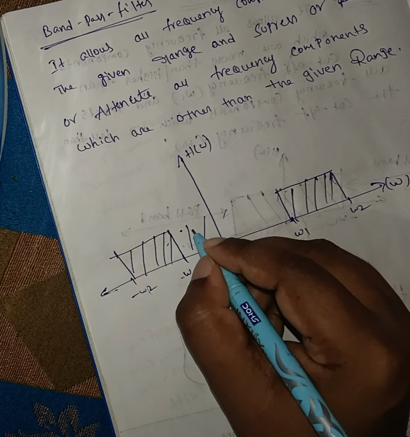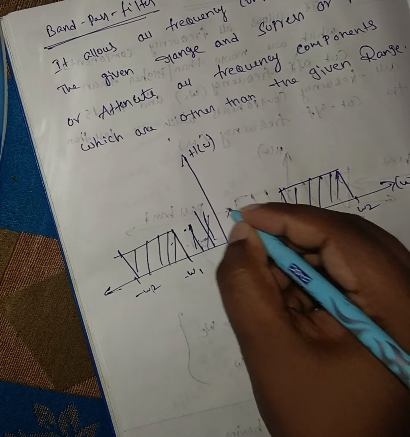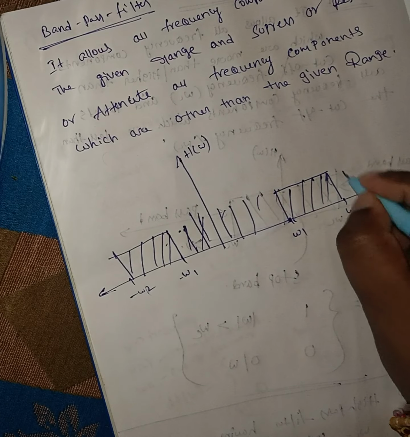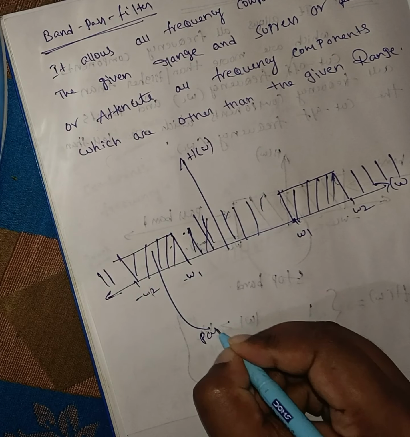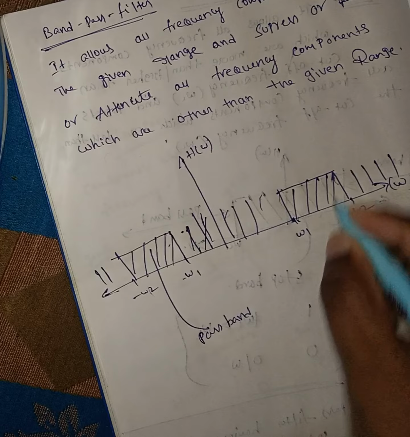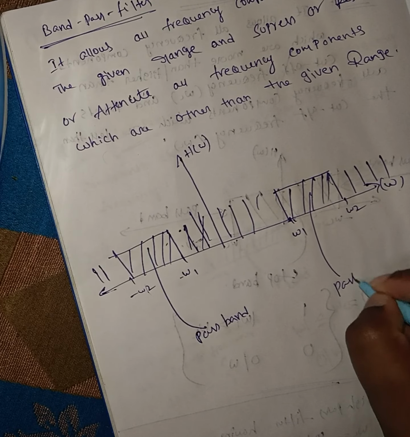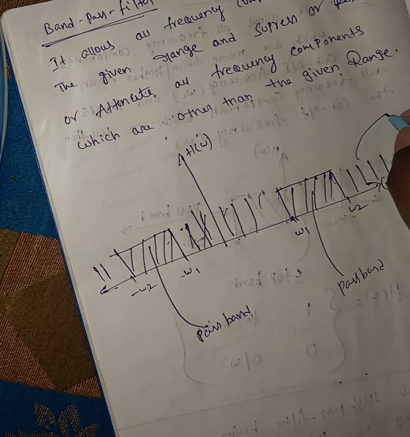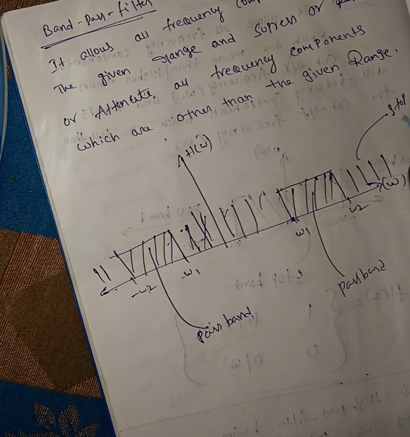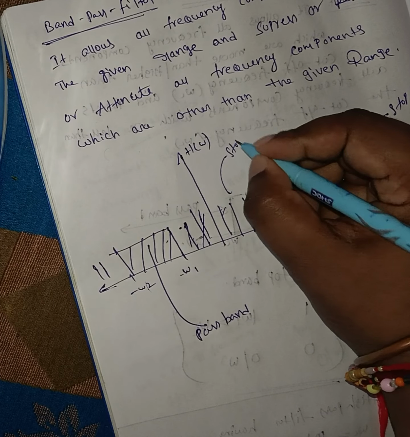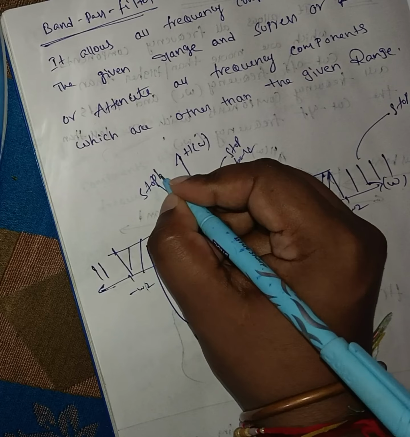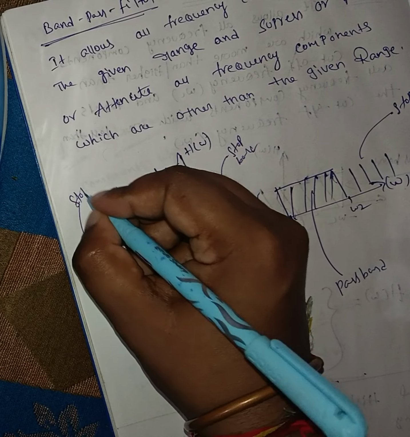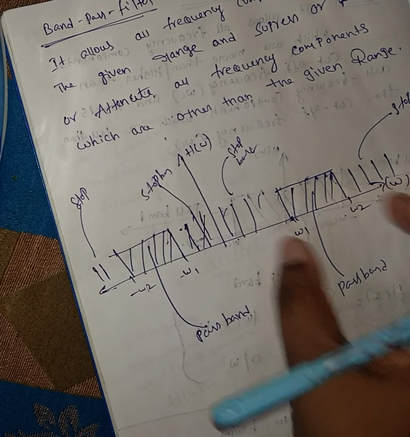This is stop band, so I may represent it with vertical lines, so you will understand. This is pass band, this is pass band, and these are stop bands. Only in between the range it will allow.